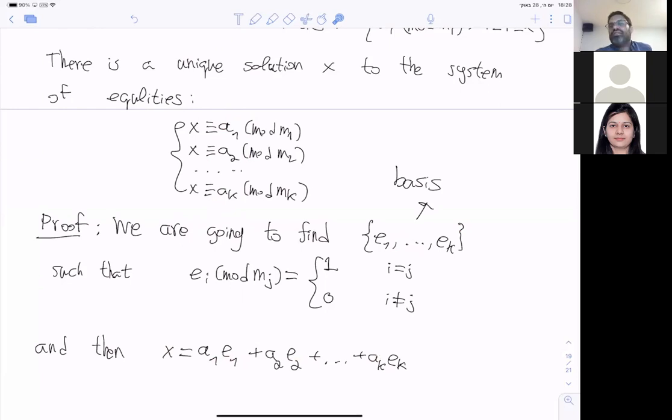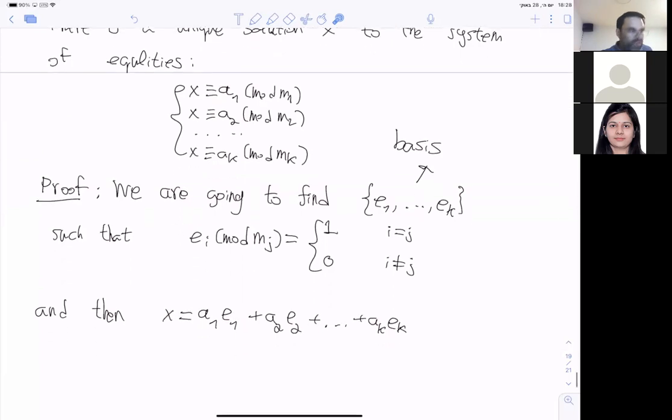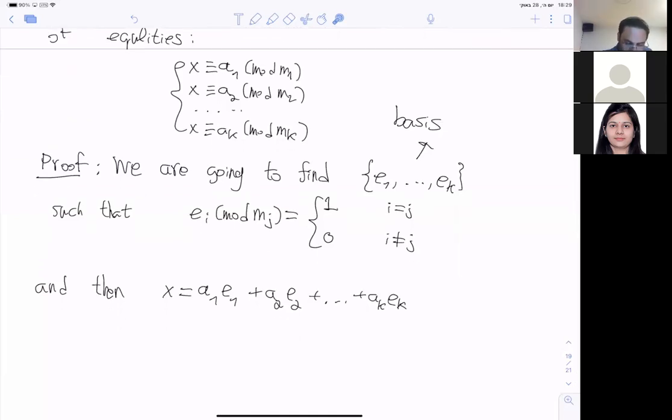I think this is nice, okay? But what we are going to do next time, we don't have time now, is how do we find these E's? Sometimes Gram-Schmidt. We are going to see how to construct them, but it's not very complicated.